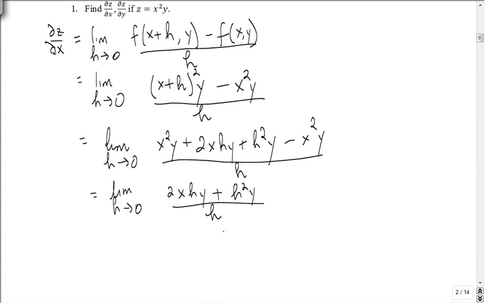We can now factor out the h from the numerator. h times (2xy plus hy) over h. The h's cancel, and then substitute h equals 0.